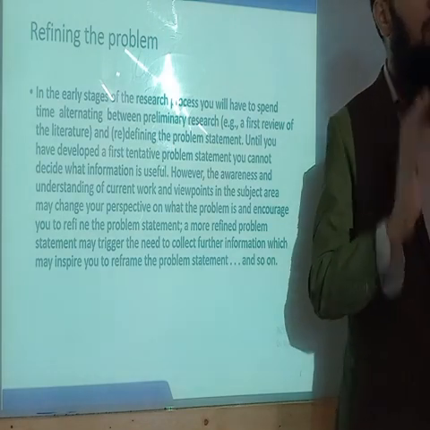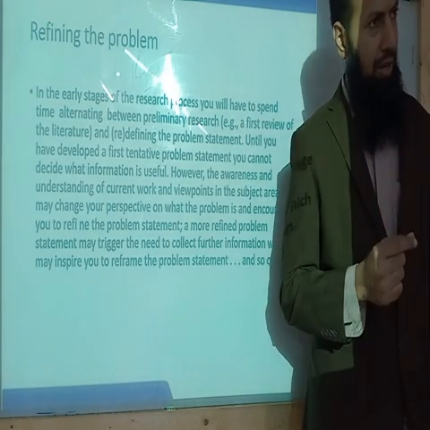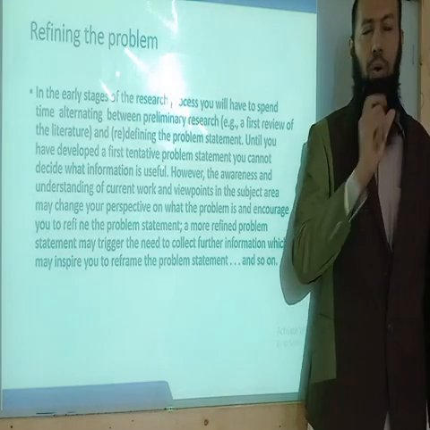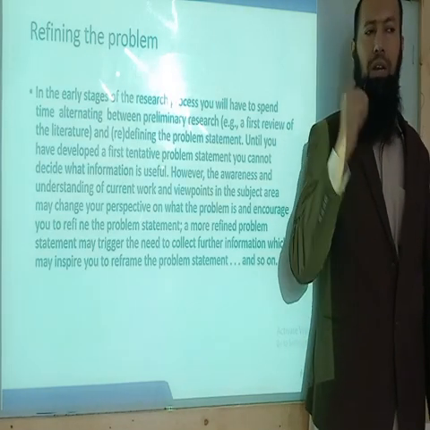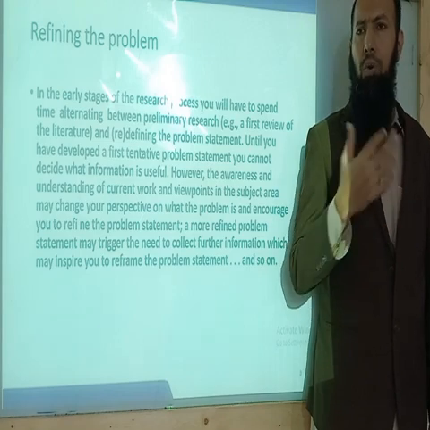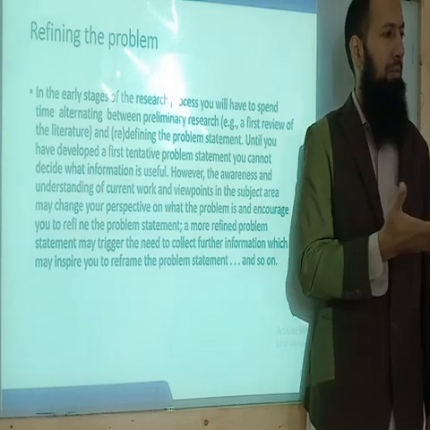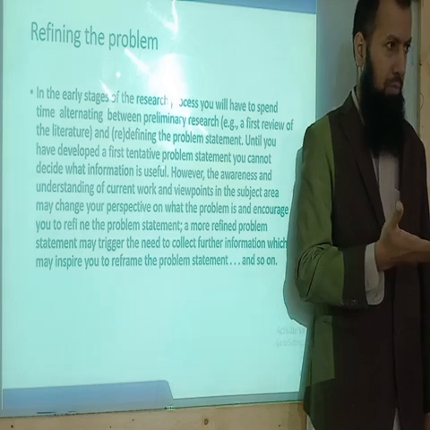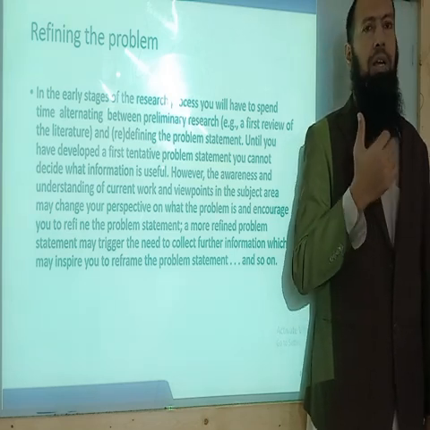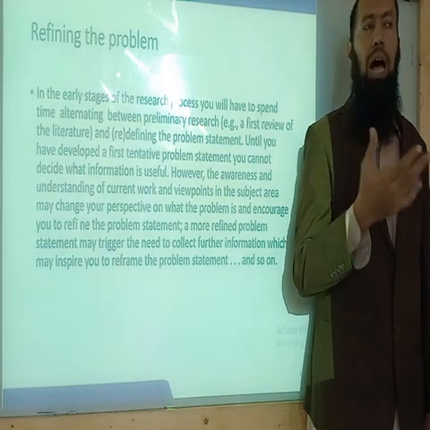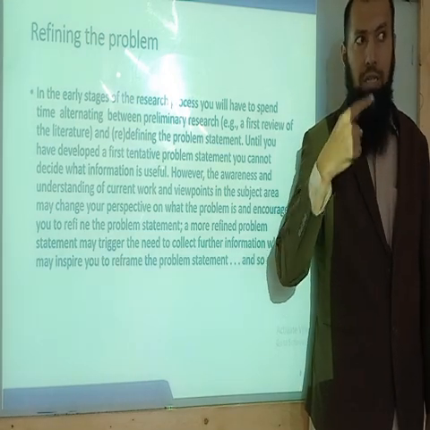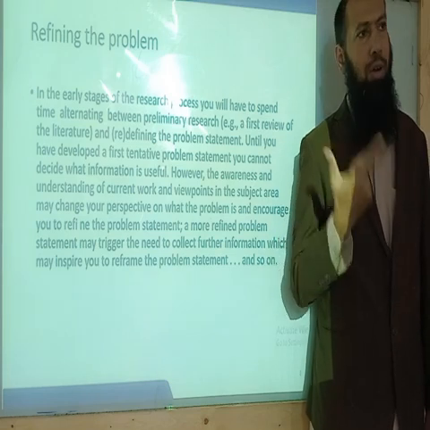Whatever literature you find, you must find the latest one, not an old one. Why not an old one? Does anyone have an idea why not an old one? Very good. Latest means, as I already told you, science is upgrading itself very quickly.